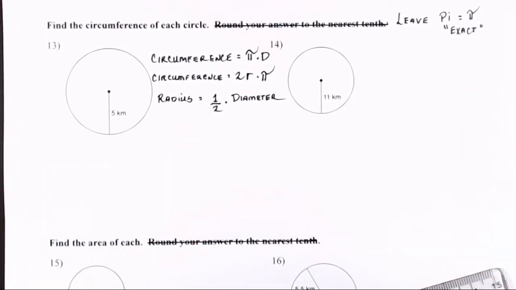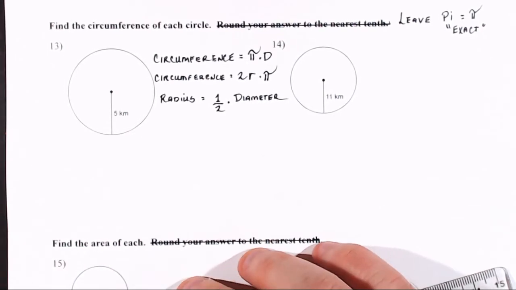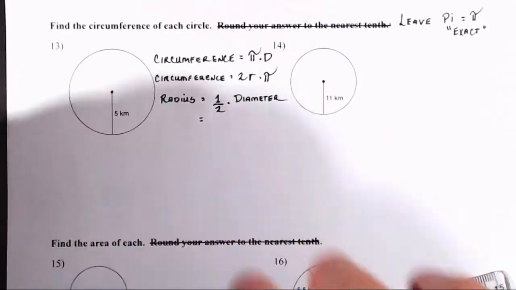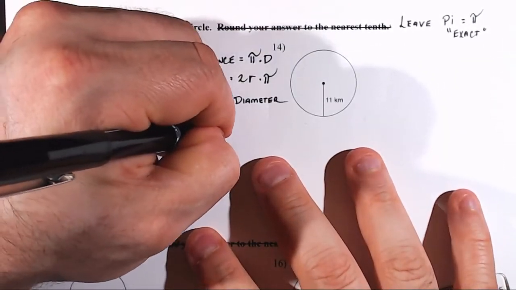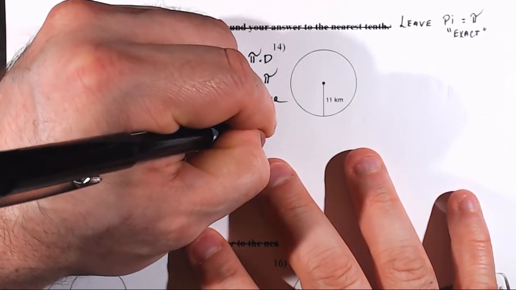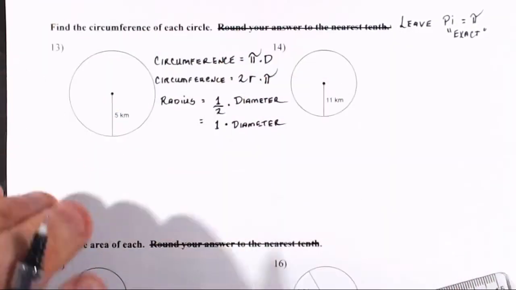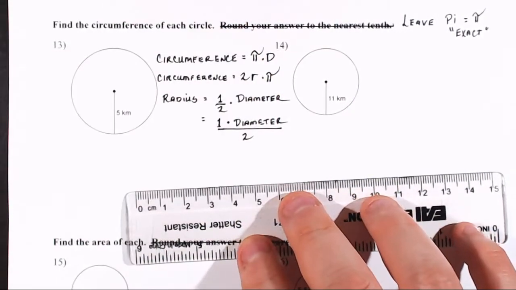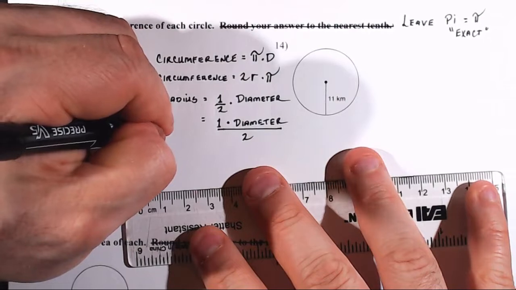I've got 1/2 over here. So this is important. I can rewrite the right side of this equation as 1 times the diameter over 2, and that's equal to the radius.